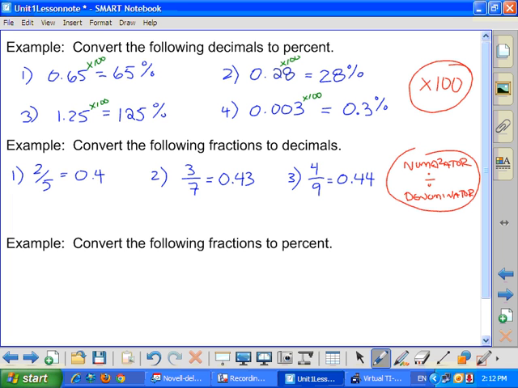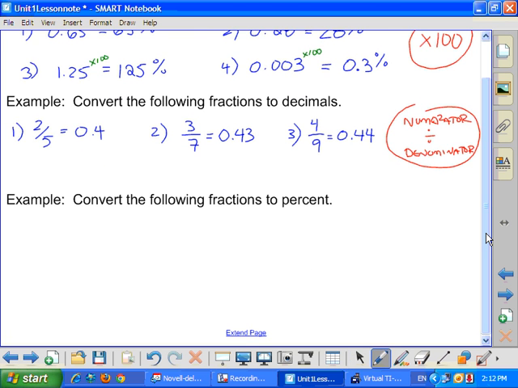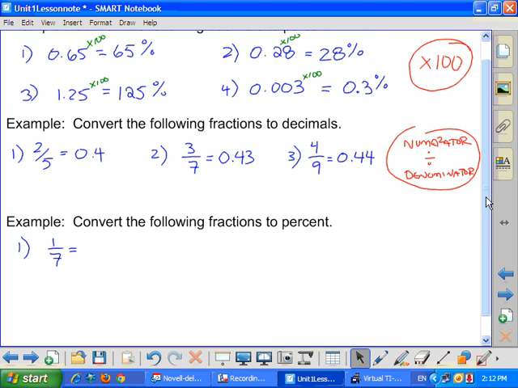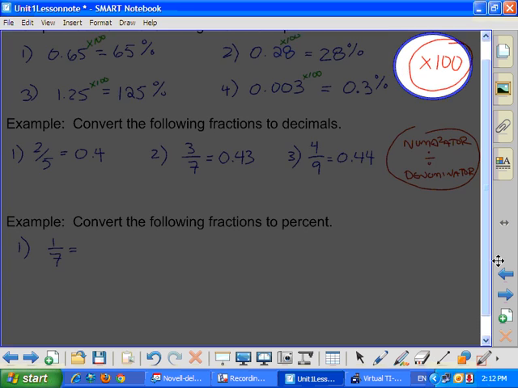All right. Now convert the following fractions to percent. So it's taking the first examples here and putting them together. So if I have 1/7, what would I have to do? I'm going to have to, first of all, get it as a decimal. So I'm going to do numerator divided by denominator, and then I'm going to multiply by 100.